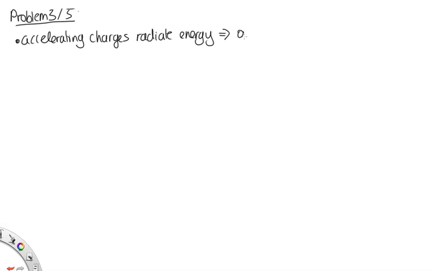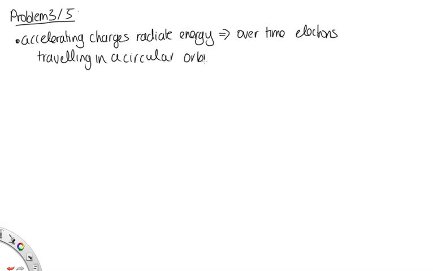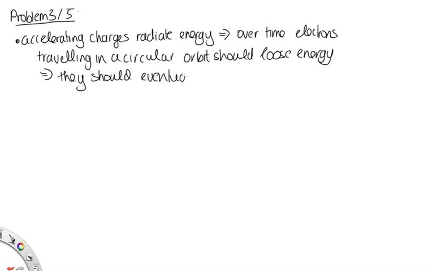So this implies that over time, electrons traveling in a circular orbit should lose energy, which is going to make them, they should eventually spiral in towards the nucleus.